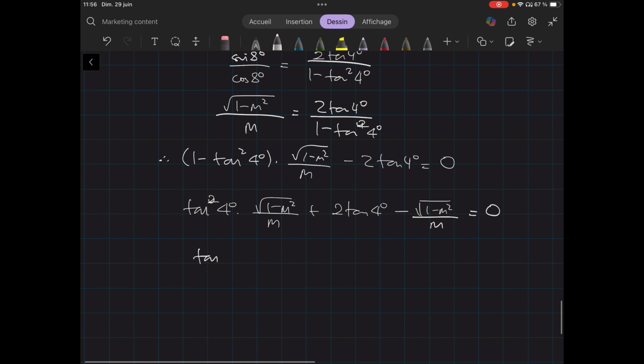And now we have to solve this equation for tan of 4. So tan of 4 degrees is going to be -b plus or minus square root of b squared minus 4ac.